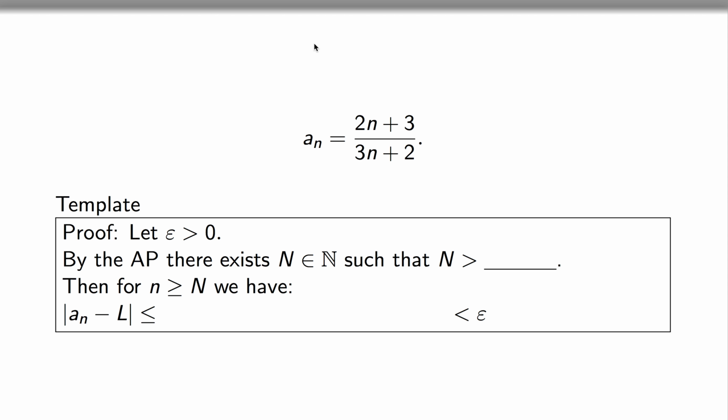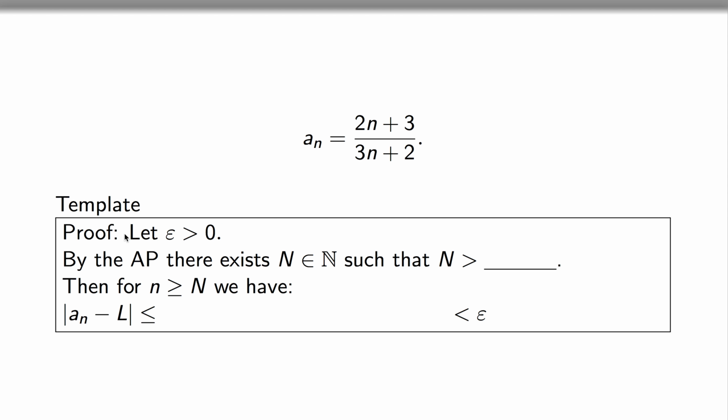The basic template for writing a limit proof is something you could print out or memorize, but I would just write it on your exam or on your homework. They're always going to start by taking any epsilon greater than 0. So we write let epsilon be greater than 0.